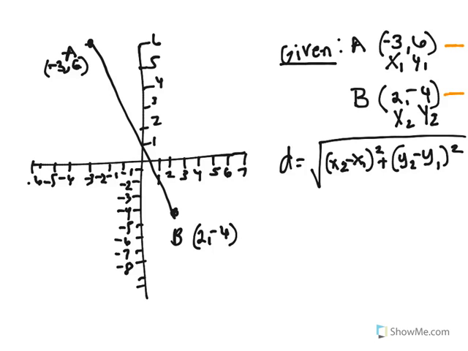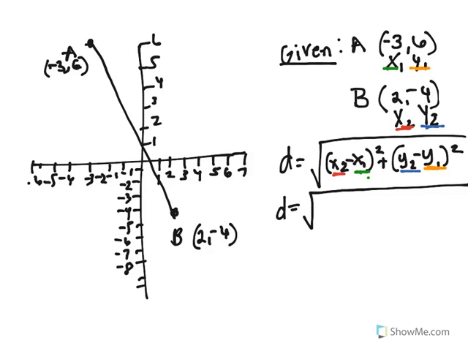Now, I have these values all up here, right? x2 is right here. x1 is right here. y2 is right here. And then y1 is right here. All right, so I'm just doing easy substitution of my numbers. It's very important that you make sure the square root extends over the whole thing so that you don't get confused and just end up squaring part of it when you really had to square the whole thing, okay?